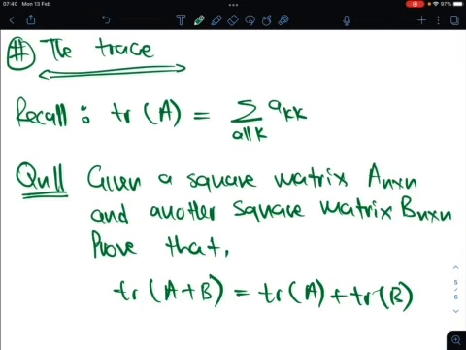We want to prove that the trace of the sum is the sum of the traces. So let's see how we can go about proving this.